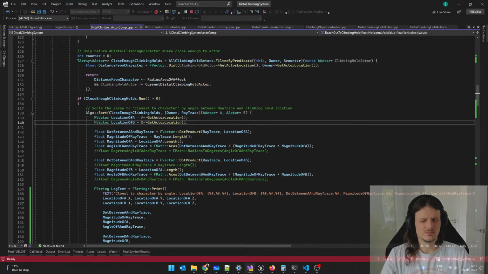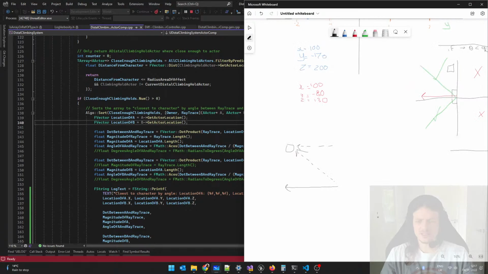Oh gosh, it gets a bit difficult now because let's say we've got one climbing hold here and then one over here. So it is going back slightly, right?